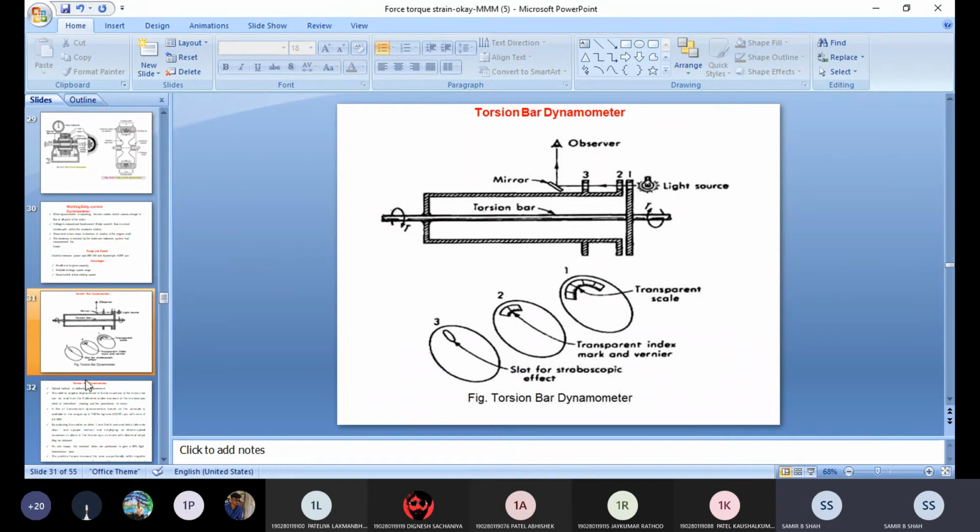Now, the next one is the torsion bar dynamometer. Already we discussed the torsion bar in the elastic meter. So the principle is somewhat exactly like that.